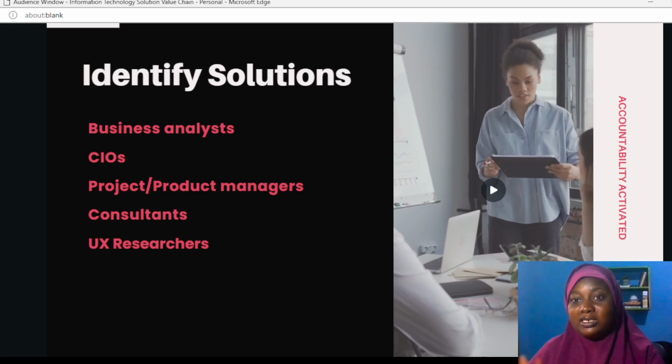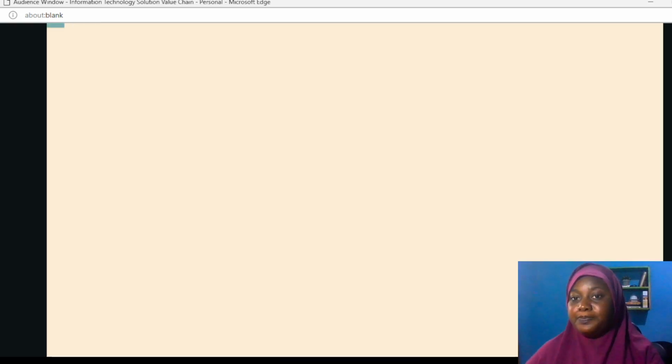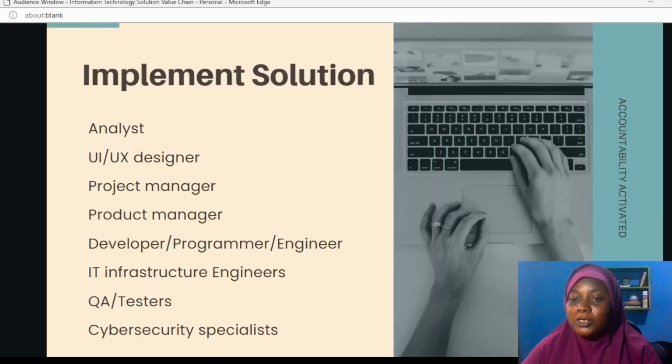So let's go to the next phase. Now that the solution has been identified, the next step is to implement the solution. And usually there is a requirements analyst, an IT analyst that identifies the requirements. So there may be need for them to speak with the users, maybe potential customers.